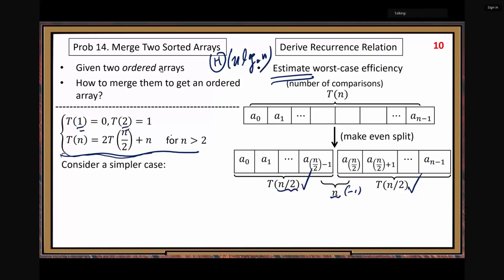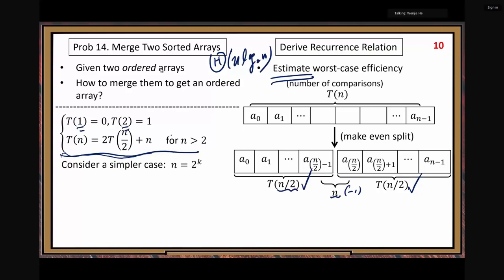Now, consider a simpler case: n is a power of 2. That's the simplest we can imagine, because when you do division by 2, you always get nice integers. You never have non-integer numbers.